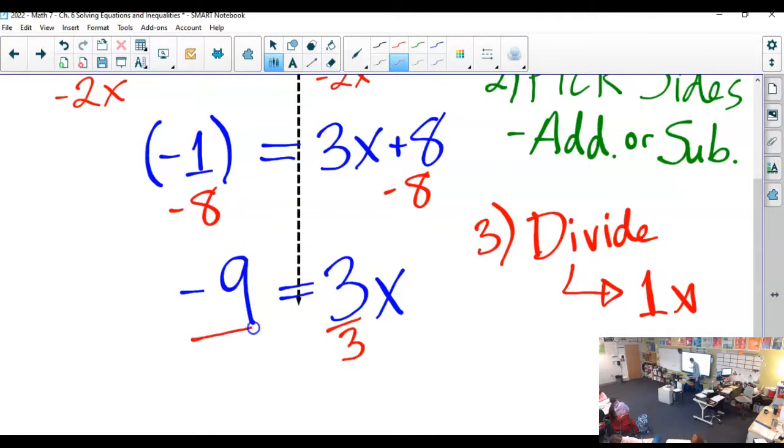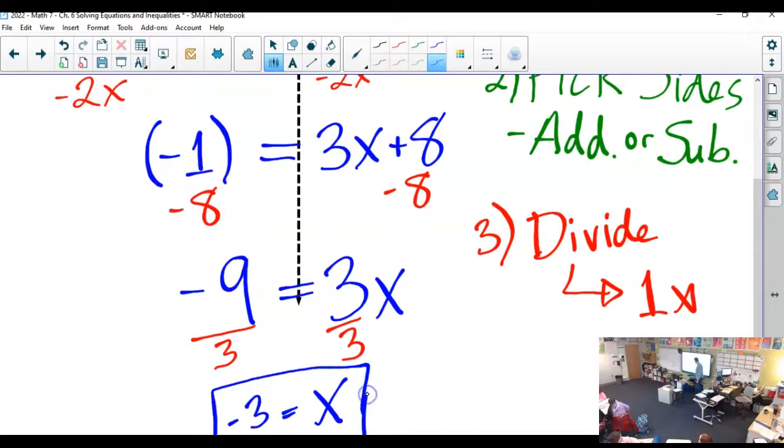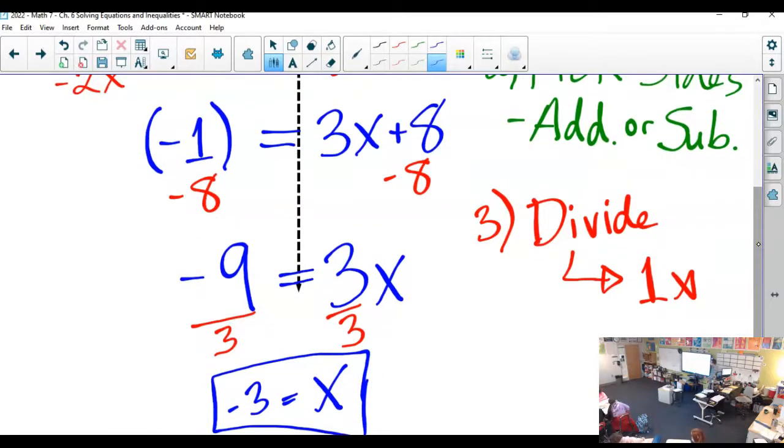Divide by 3. And a negative divided by a positive would stay negative. So like we talked about, x can be positive, x can be 0, x can be negative. Question. We're going to do a bunch of these today. So if you have questions, you can ask now, but we're going to practice this a lot today.